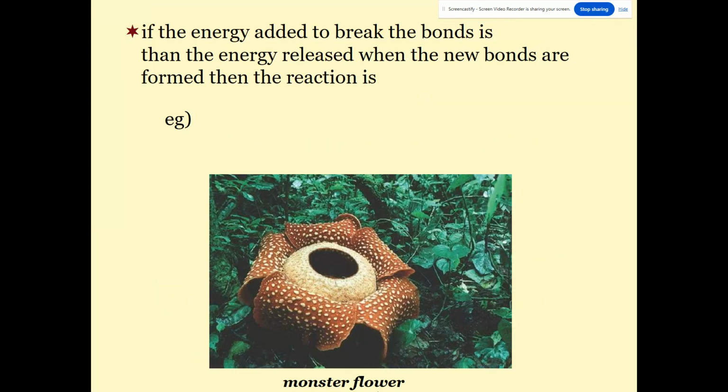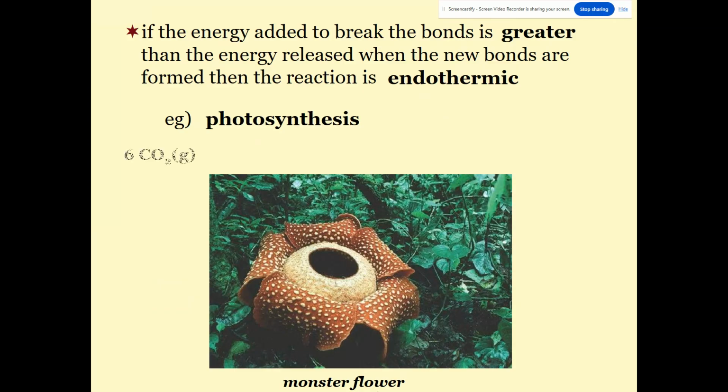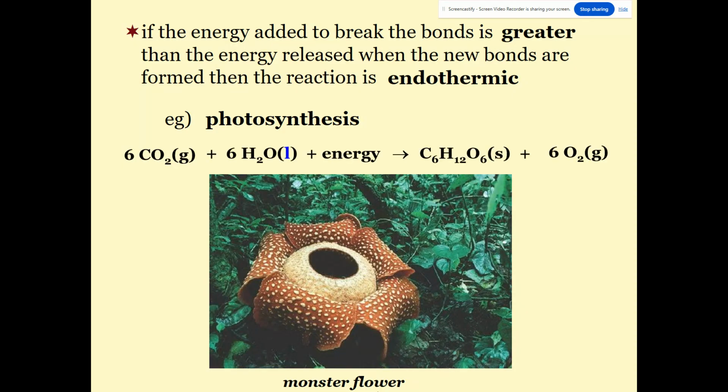So if the energy added to break the bonds is greater than the energy released when the new bonds are formed, as I mentioned, the overall reaction will be endothermic. An example of an endothermic reaction that you do want to be familiar with is photosynthesis. So photosynthesis is a reaction in which glucose is formed.